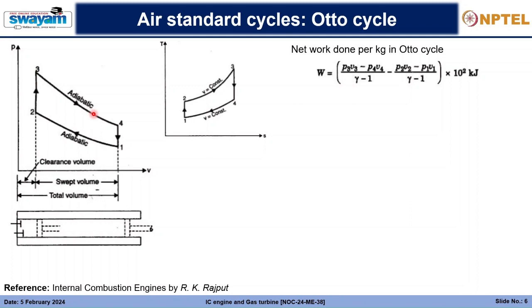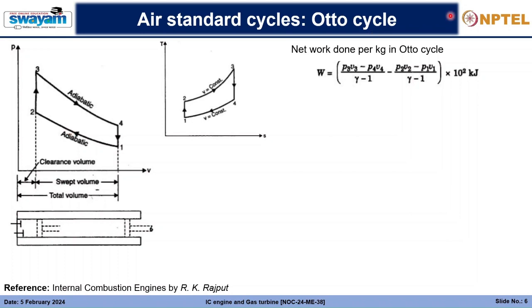So the expansion stroke, as it is pushing the piston, is responsible for rotation of the crankshaft as a whole. So that is the work done, but there is some amount of work which is again needed to compress the charge, right? One is the work output and one is the work input that is required.